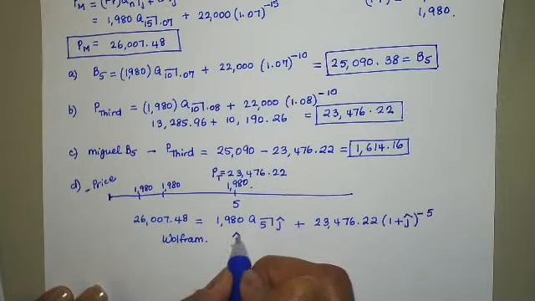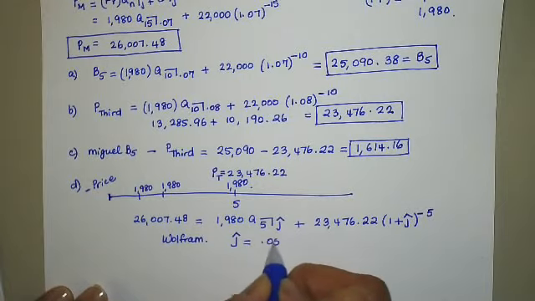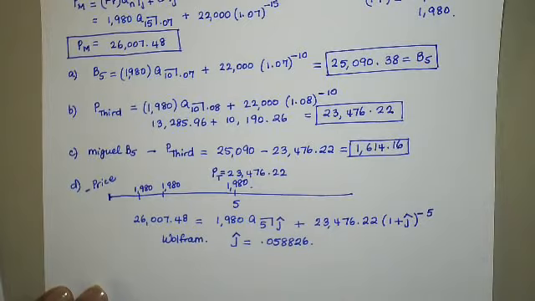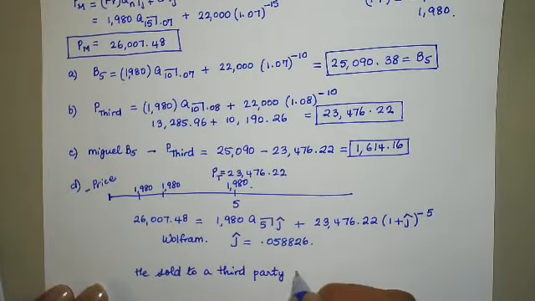You get it? Is it crystal clear? You just have to break it down this way. And then I used Wolfram. You can use your calculator also. J hat is 0.058826.